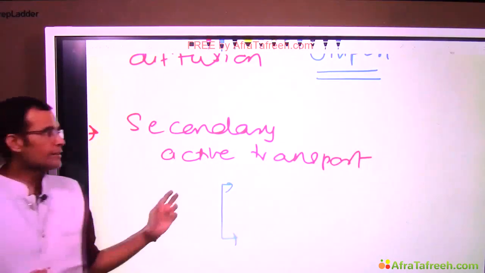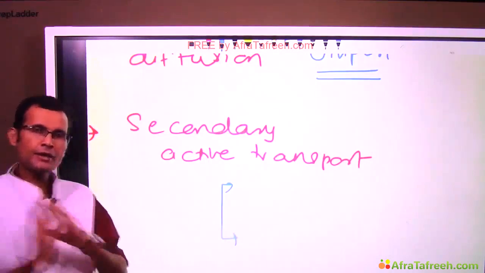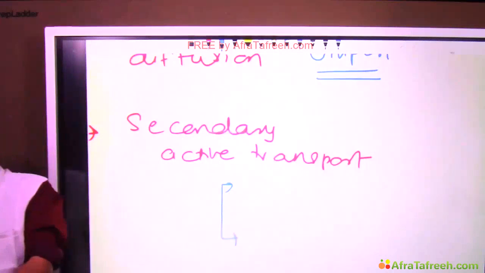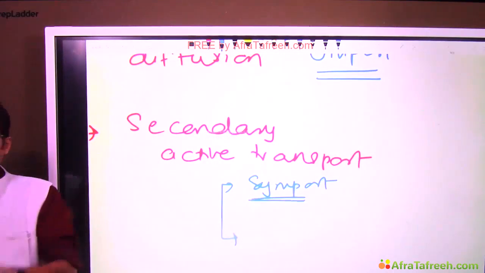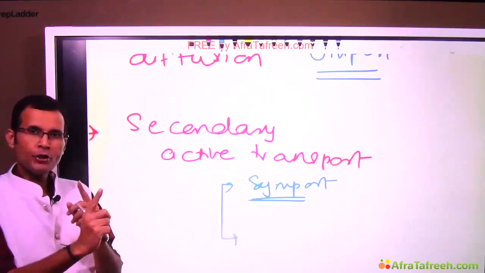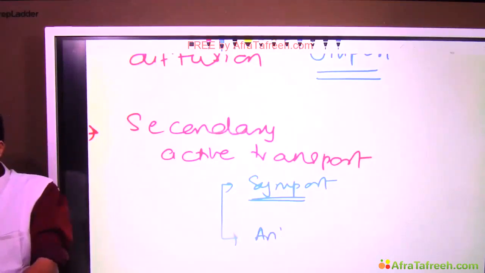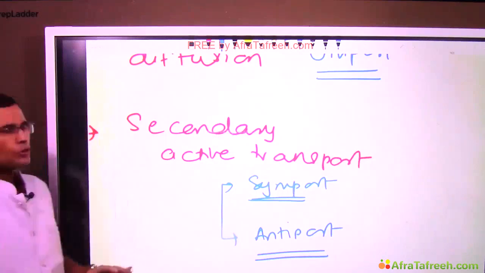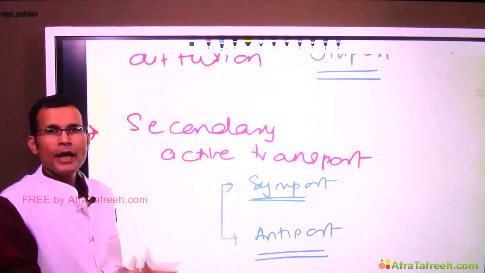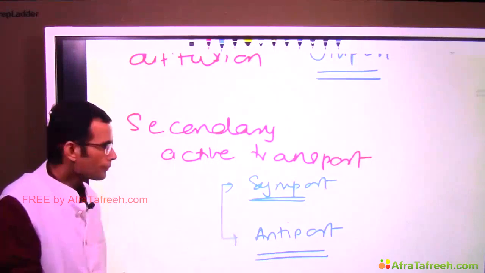When those two substances are carried in the same direction by the carrier, it is called symport or co-transport. And if those two substances are going opposite to each other, then it will be called antiport or counter transport. So that's the carrier mediated transport: uniport, symport, antiport.